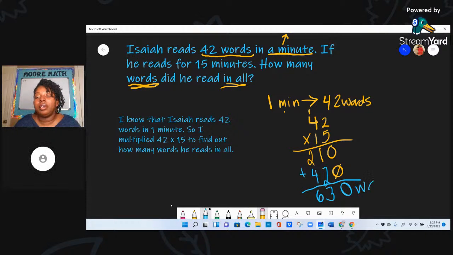630. Good. One thing I want you to notice, and we're going to do some practice with multiplication, look at my first sentence.